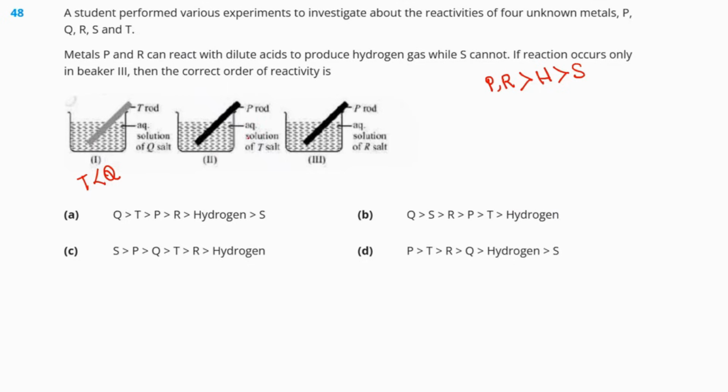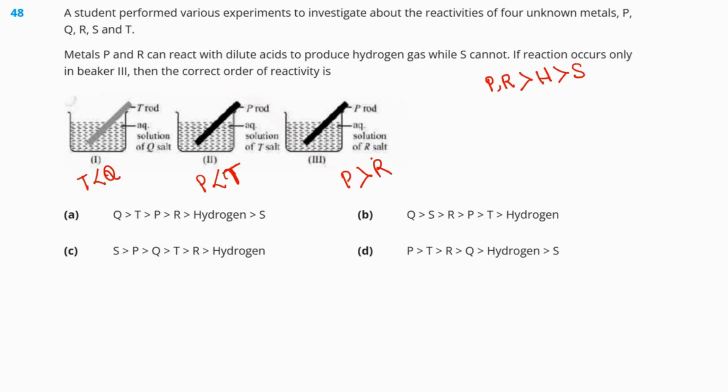So no reaction again. So P is less reactive than T. Okay? And in beaker 3, it is written that reaction happens only in beaker 3. That says P rod is in the R salt. That means P is more reactive than R.